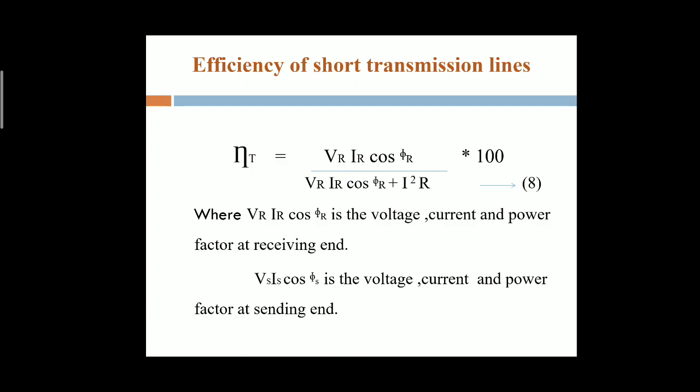This is the overall transmission efficiency and regulation in the case of a short transmission line. By using these efficiency and voltage regulation formulas, we easily calculate how much voltage drop is obtained in a transmission line, what the sending end voltage and receiving end voltage are, and what the efficiency of that transmission line is.